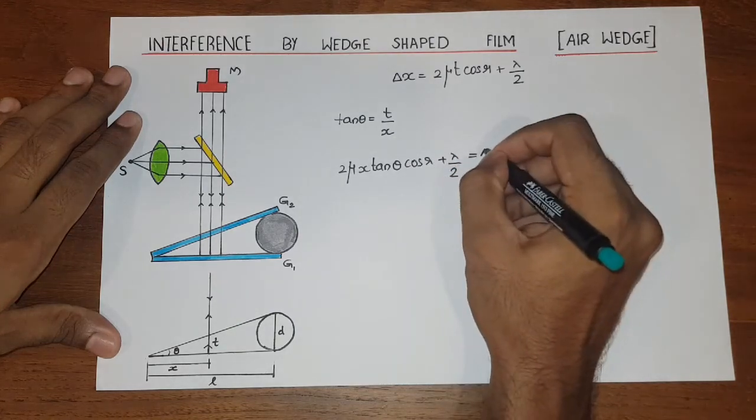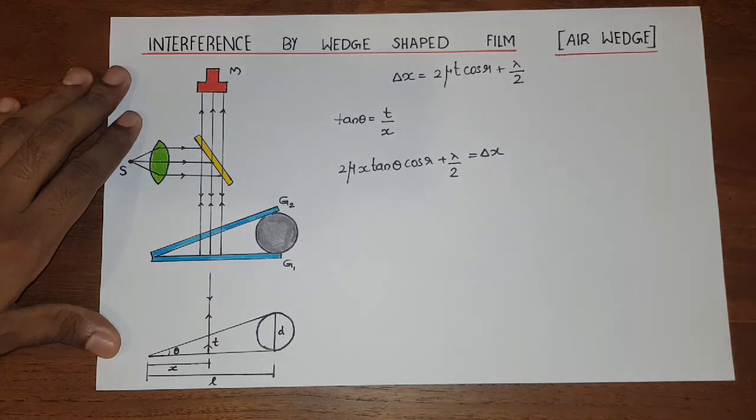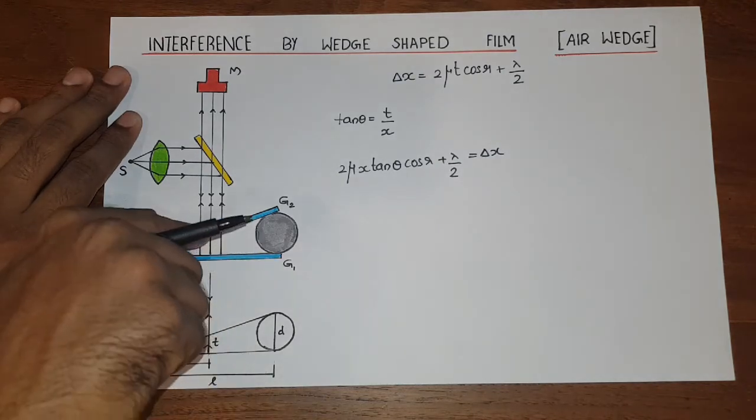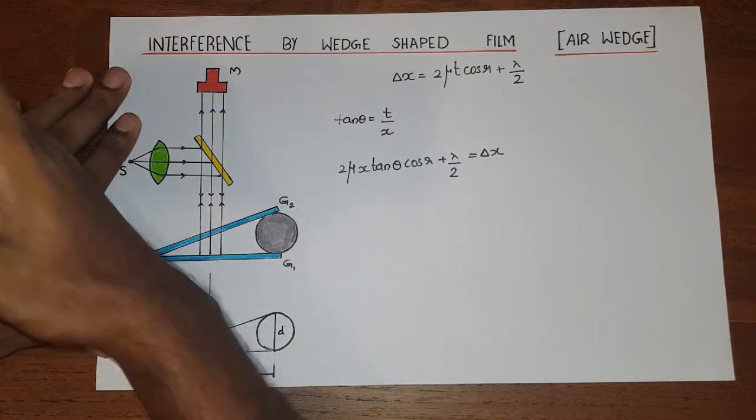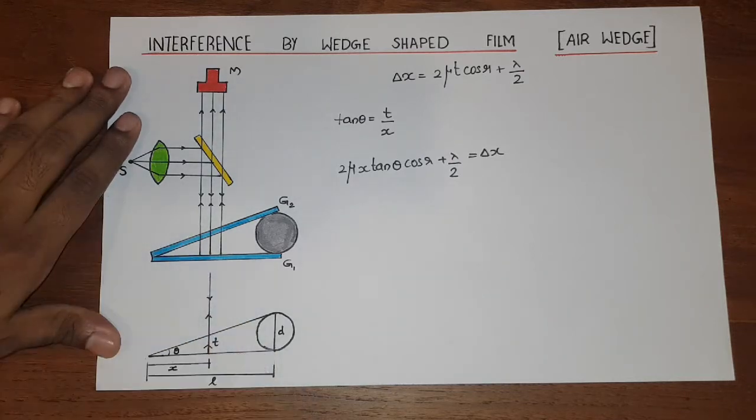And what is this term? This term is the path difference. And here, as you can see, we are considering normal incidence of the incident light. For considerable refraction to happen, that usually happens during oblique incidence, or when the light ray comes in at an angle.